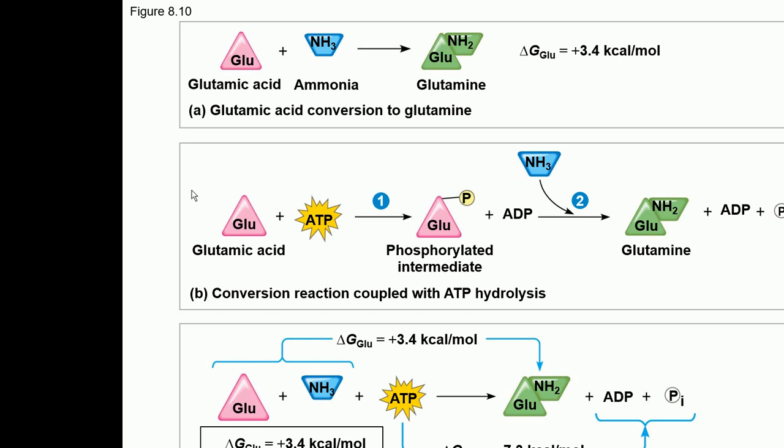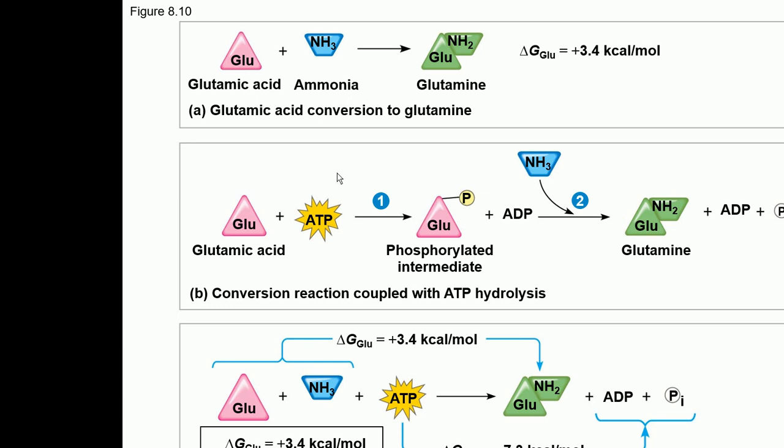So glutamic acid plus ATP. Okay. First of all, this glutamic acid will get the phosphate group and it becomes a phosphorylated intermediate. So this ATP will be hydrolyzed. It will form ADP and inorganic phosphate, and this inorganic phosphate is going to bind to this glutamic acid and form the phosphorylated intermediate.